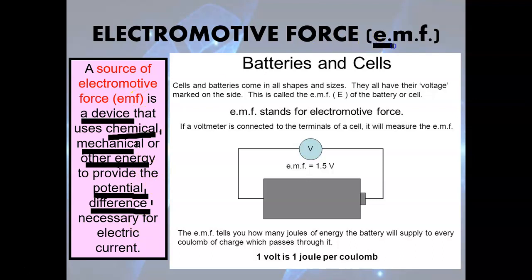Right, so EMF is actually a shortened form of electromotive force. We usually use EMF to make it simple, and the closest example of a source of EMF is batteries and cells.